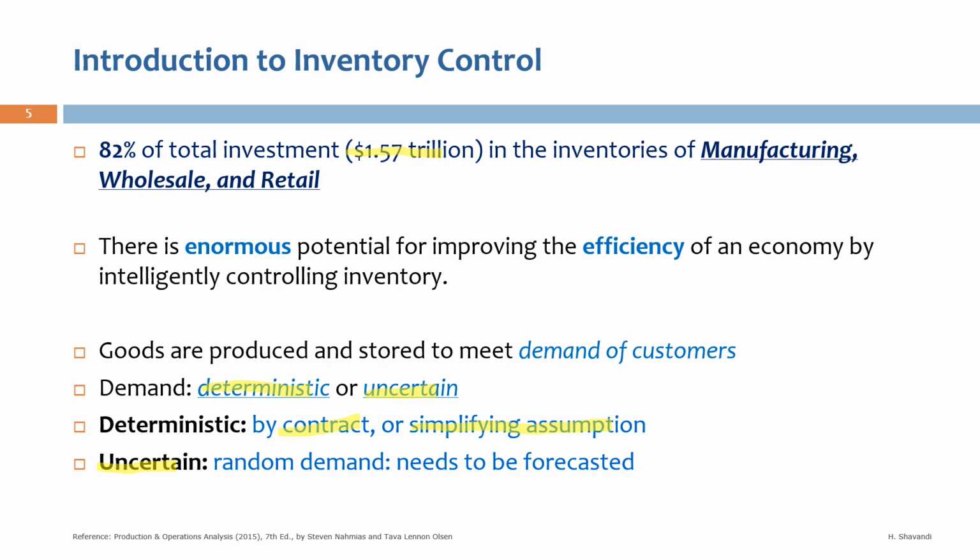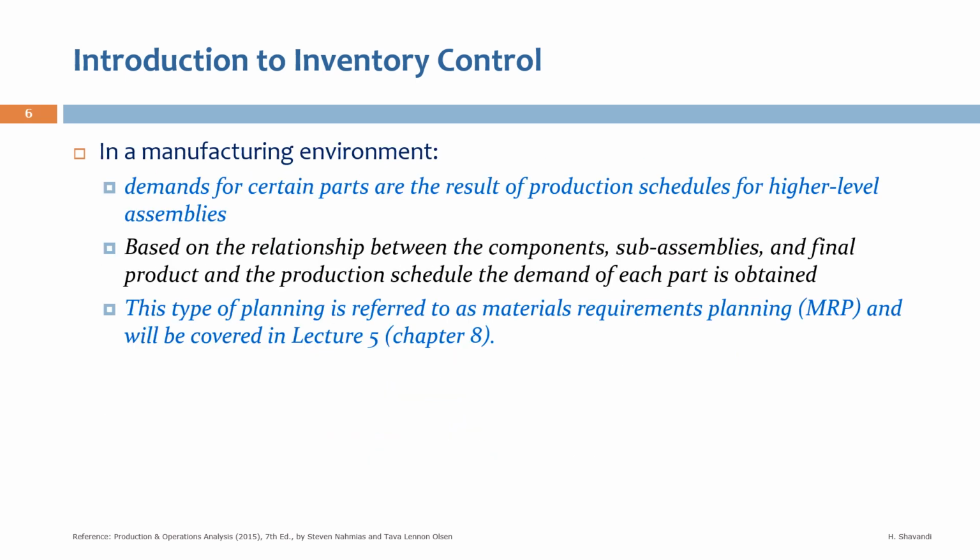The inventory concept in warehouses or retailers is more obvious because they purchase the goods, store them in their warehouse, and then sell or ship the products to their customers. But in a manufacturing environment, we have different levels and different definitions for inventories.